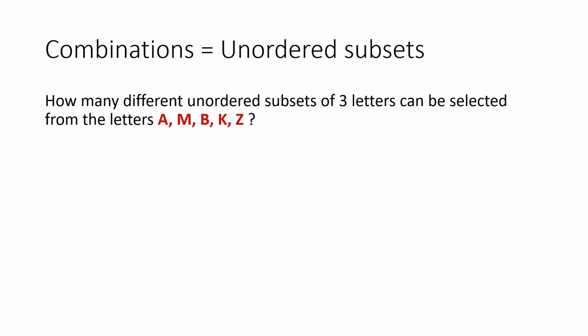Combinations are unordered subsets. So for instance, if I ask how many different unordered subsets of 3 letters can be selected from the letters A, M, B, K, and Z, I'm asking for how many combinations of 3 letters can be made. Now, in order to figure this out, I already know how many ways I can select 3 letters in order.